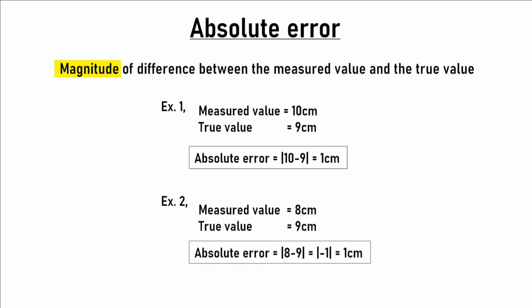If we subtract 9 from it, we get minus 1. But from the definition we know that it is the magnitude of the difference between measured value and true value. If we take the magnitude of minus 1, we get plus 1. That is, the absolute error of this example is also 1 cm. So I hope you understand this concept.